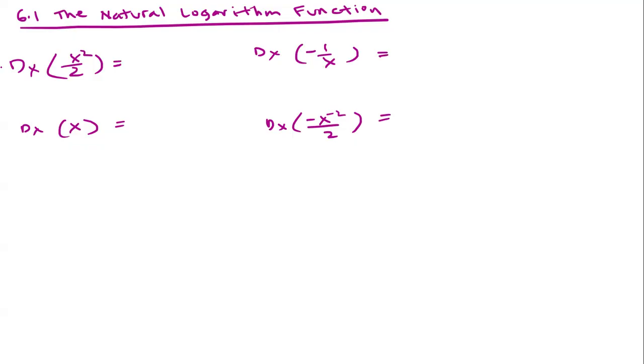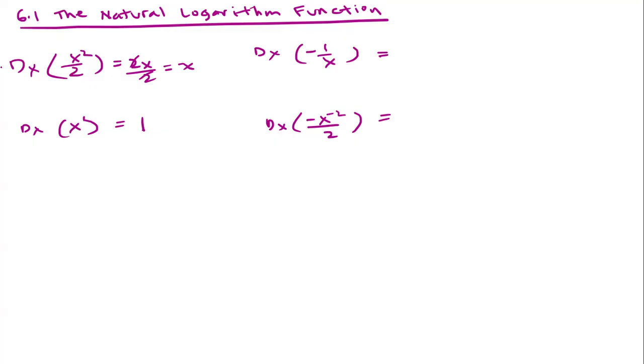Okay, so when we take the derivative of x squared over 2, that's just going to be 2x over 2, which gives us just x, right? When we take the derivative of x, that's just going to give us 1, because this is a power of 1.